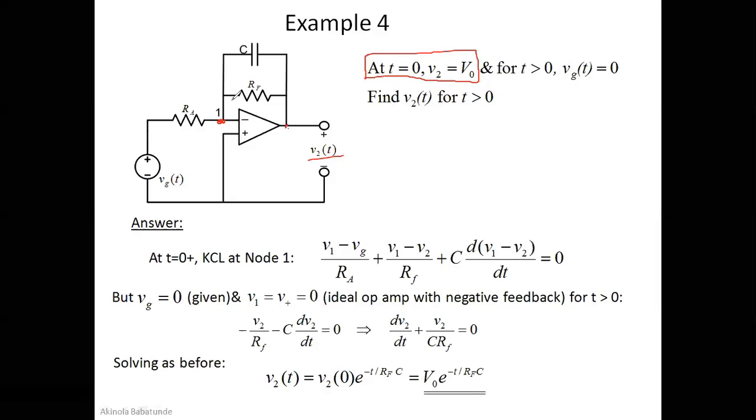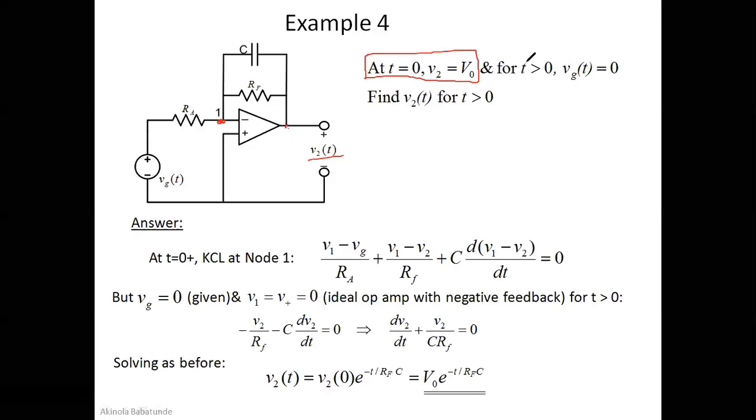In this case, we still have C dV/dt, but the V now would be V1 minus V2, which is the voltage difference between this node and the second node where we have V2, when considering current passing through the capacitor. If you add everything together, it will be equal to 0.